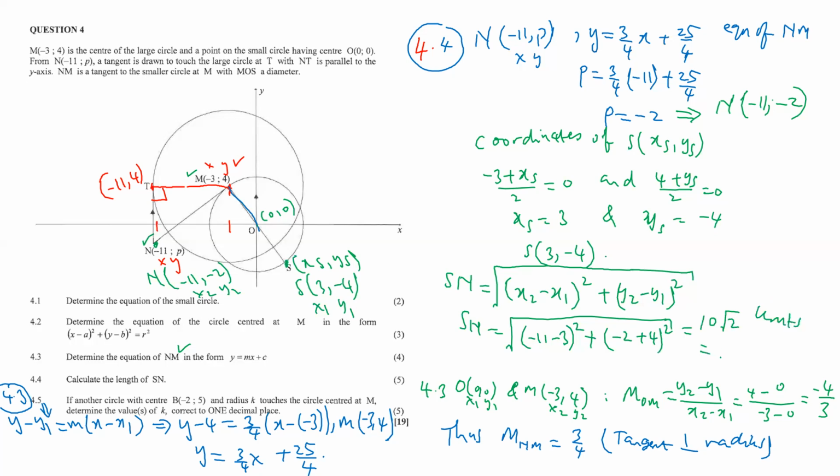And this is the same as 14, comma 14 units, approximately. So that means that we have approximately SN equals 14, comma 14 units. So we have solved successfully question 4.4.